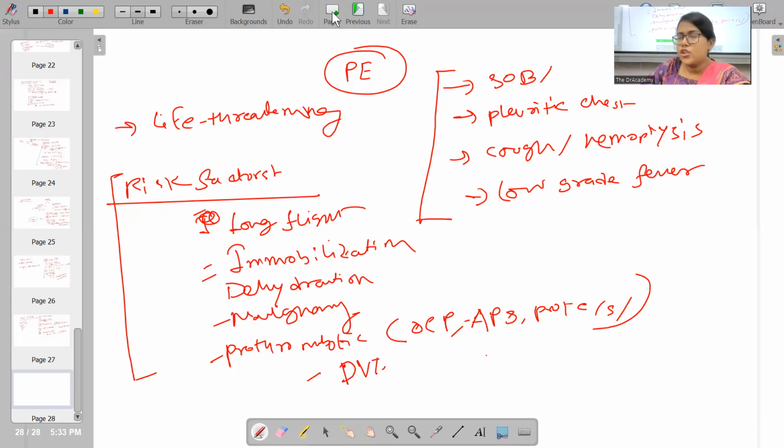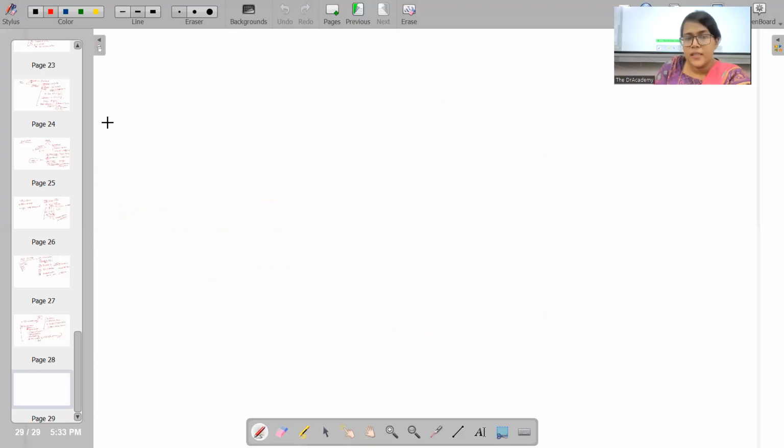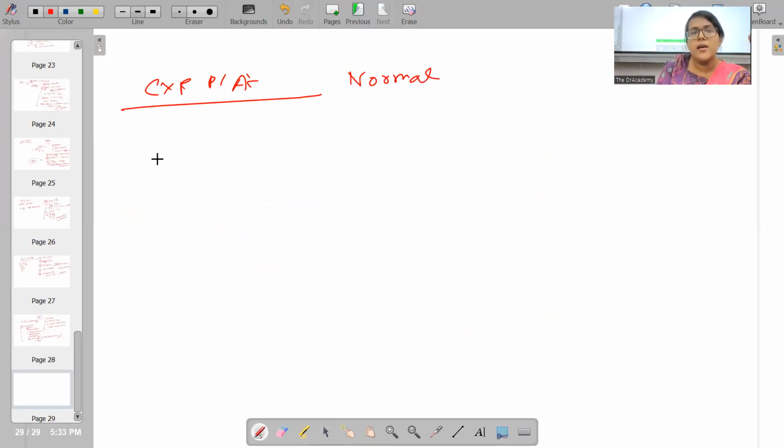Okay. So initially, after you are suspecting that the patient is having pulmonary embolism, first initial investigation should be chest X-ray. For any lung problem, you should go for chest X-ray PA view. However, in case of a pulmonary embolism, chest X-ray most of the time is normal. Okay. So next up, in a lot of centers, they go for D-dimer. However, D-dimer is a non-specific marker.